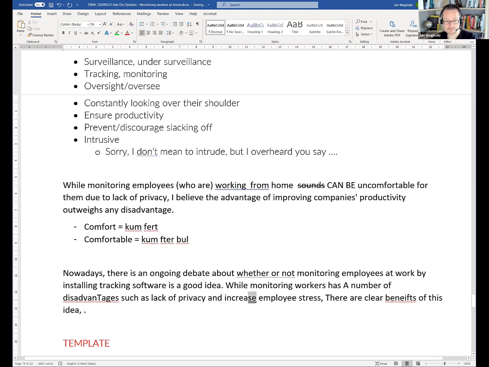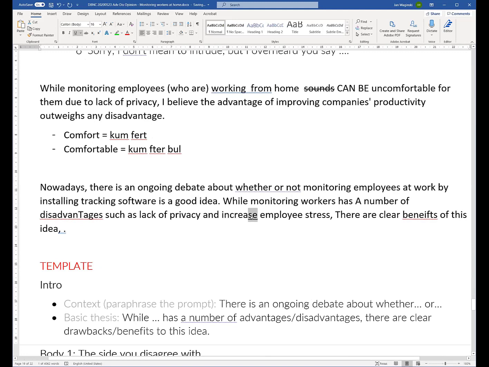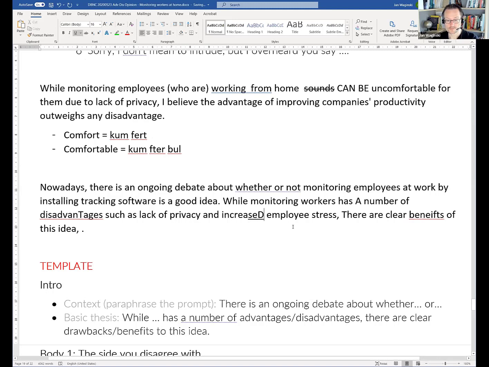Okay, Safa, what do we put at the end here? If you can see my screen. Lack of privacy and increase employee stress. Increased. Actually, both would work here, increasing and increased employee stress. There are clear benefits of this idea.